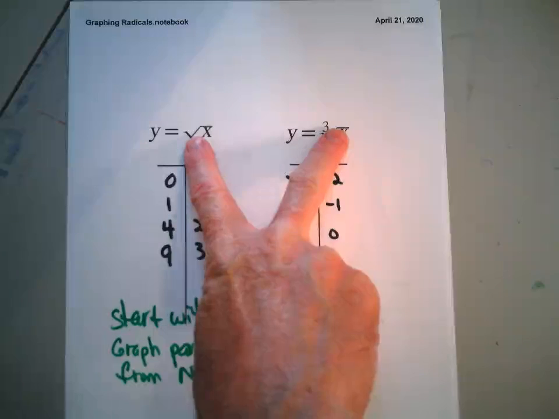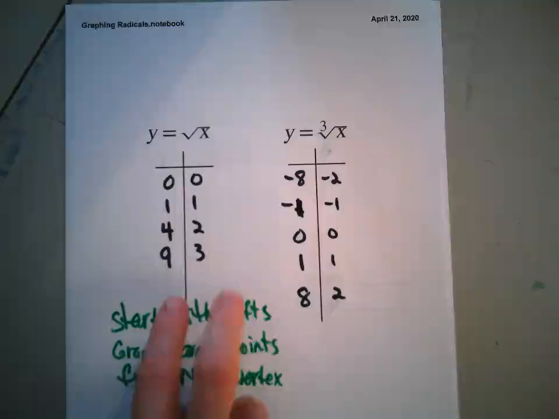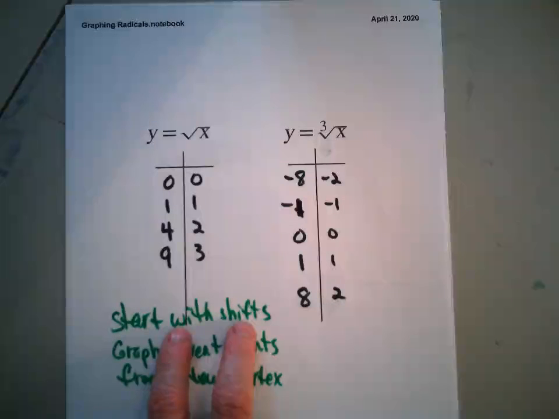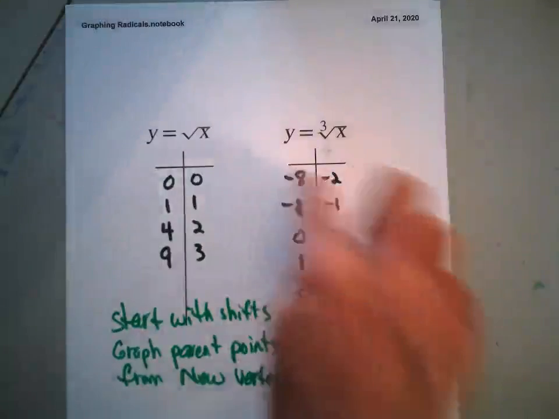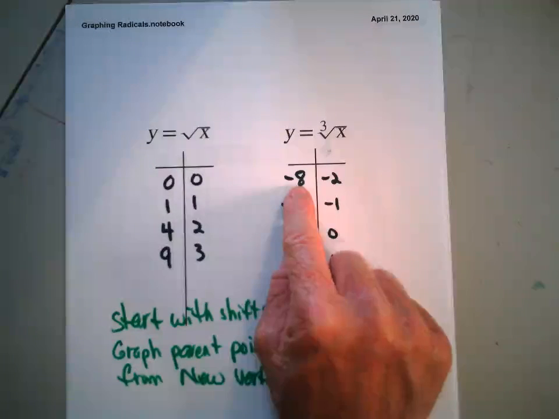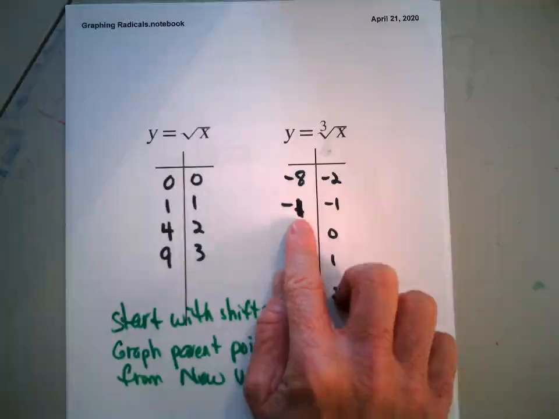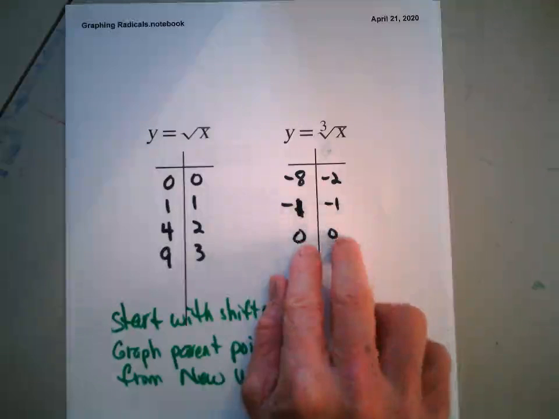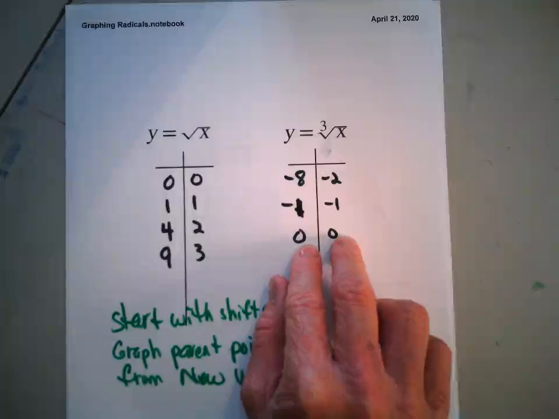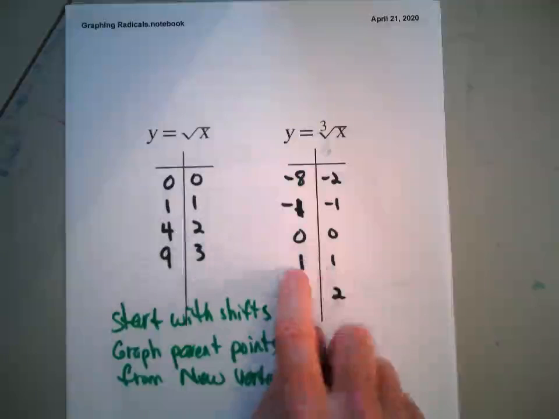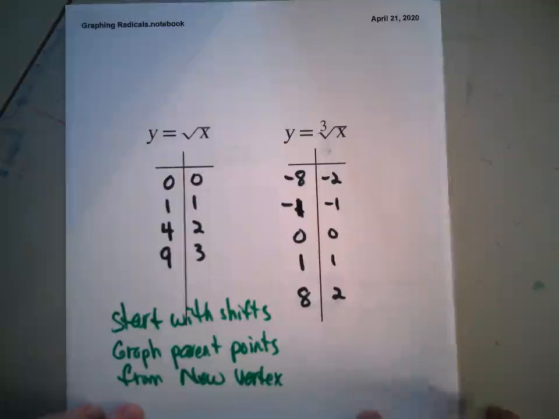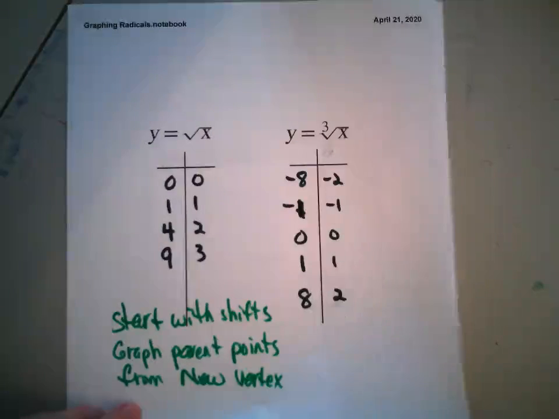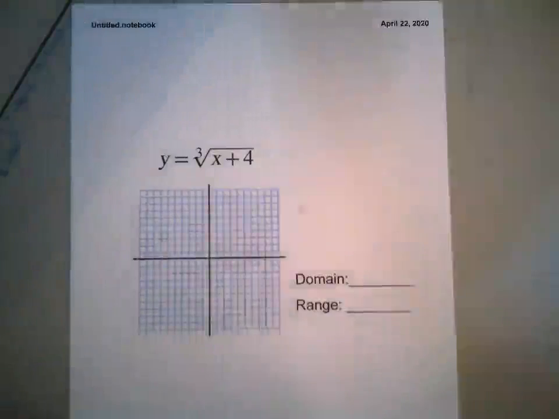These graphs don't have any shifts, they're the parent functions. We're going to start with our shifts, then we're going to graph the parent points from the new vertex. So we'll use these as left 8, down 2, left 1, down 1. That 0, 0 is going to be the new vertex. Right 1, up 1, right 8, up 2. Okay, so again, very similar to what we saw yesterday with square roots.